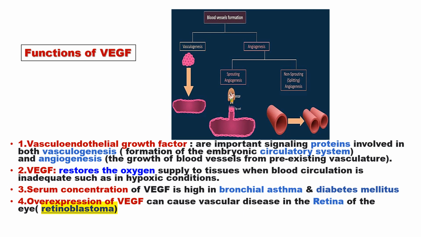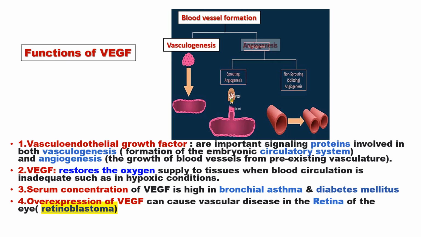Coming to the function of vascular endothelial growth factor, it is a very important signaling protein involved both in vasculogenesis, the formation of the embryonic circulatory system, and angiogenesis, the growth of blood vessels from pre-existing vasculature. It restores the oxygen supply to the tissues when blood circulation is inadequate, such as in hypoxic conditions.